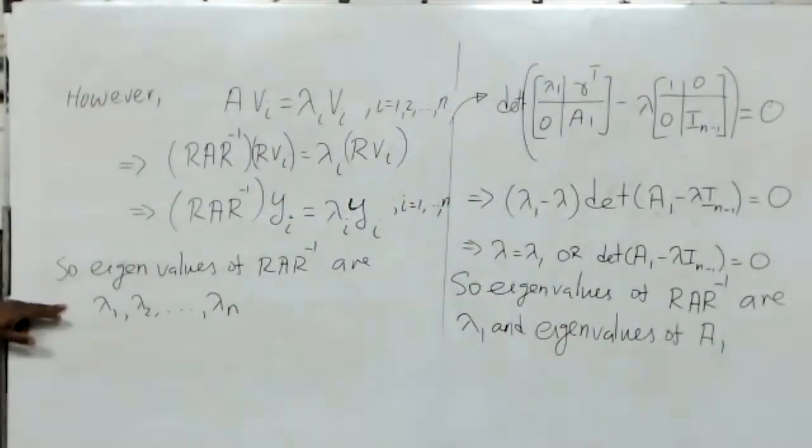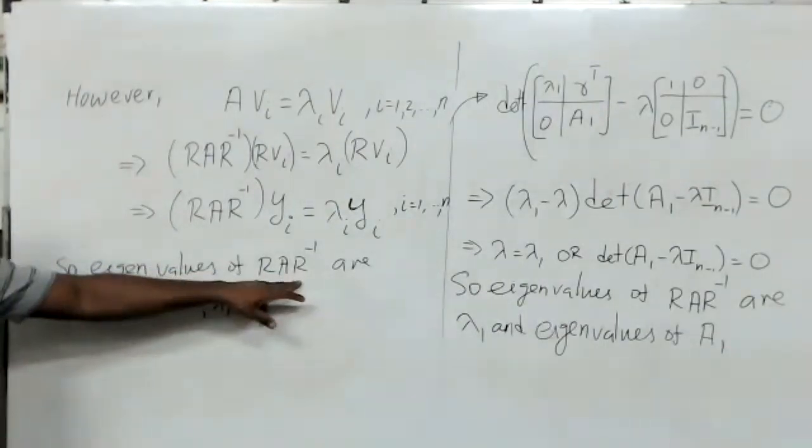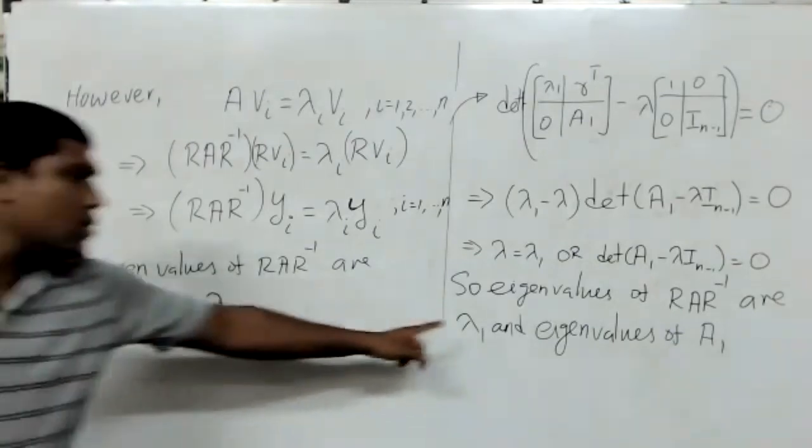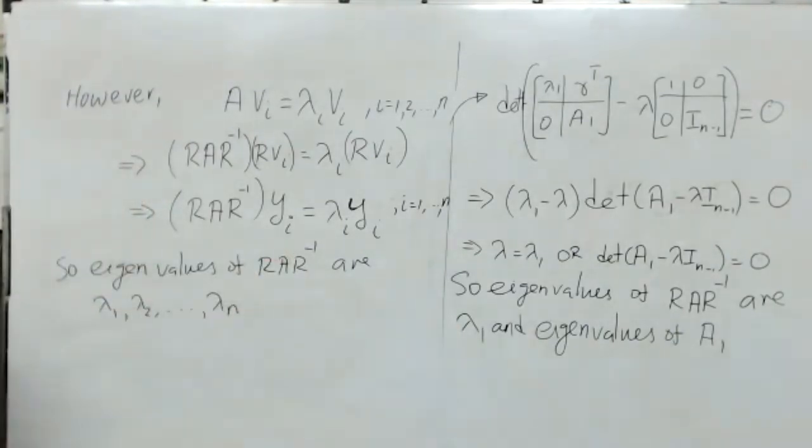But on this side, the eigenvalues of R A R inverse are lambda 1, lambda 2, up to lambda n. So lambda 1 is common, and the rest should be the eigenvalues of A1. So that's clear.